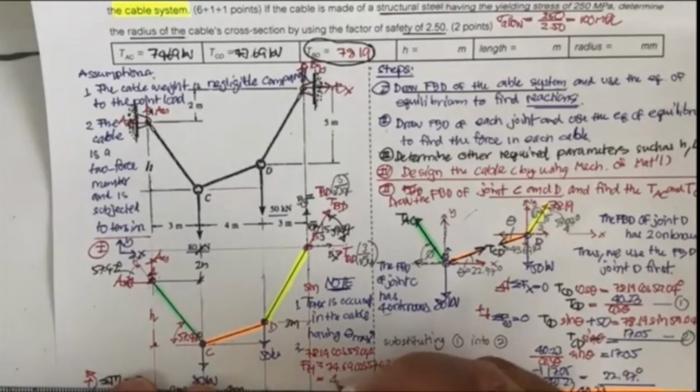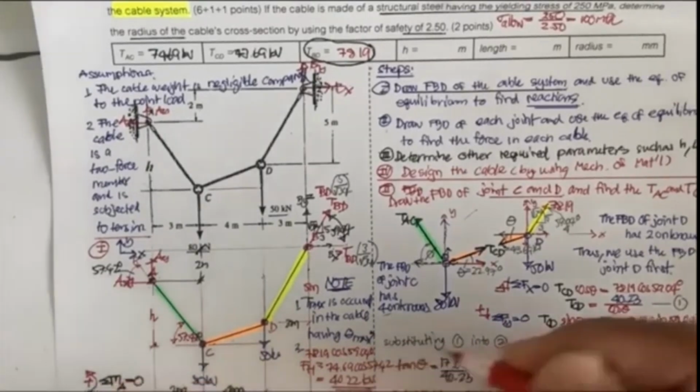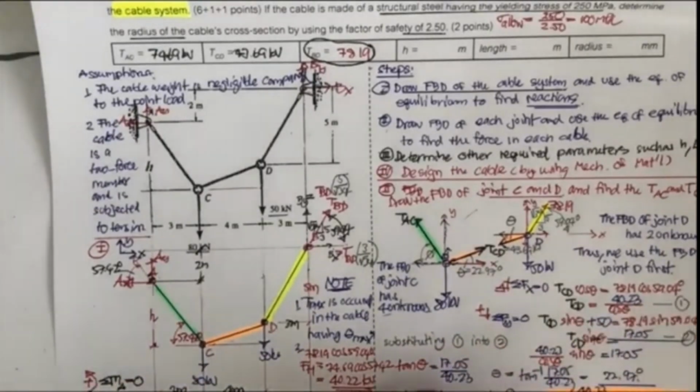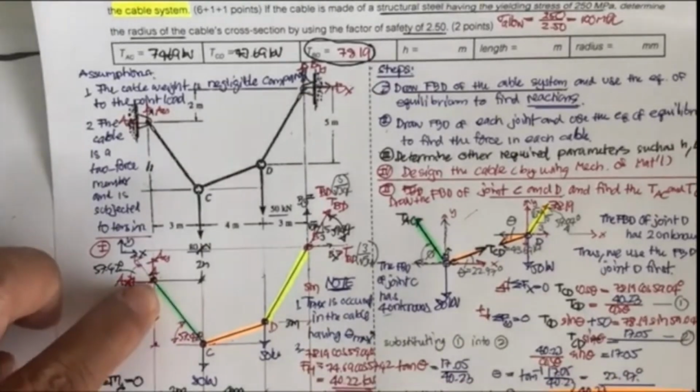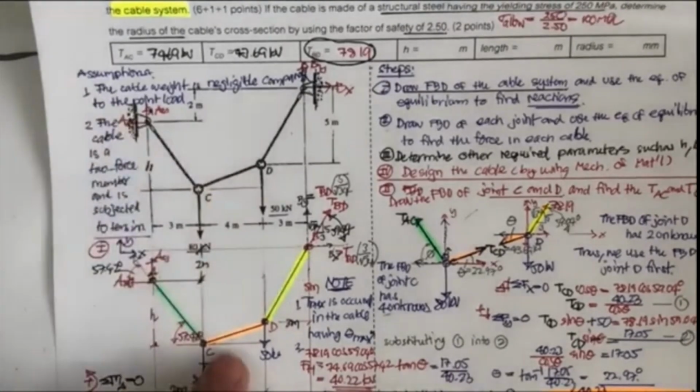If you put this one, this is going to be 40.22 kilonewton, or you may conclude that all F sub H is constant, or has equal value for the green, for the yellow, or even for this orange.